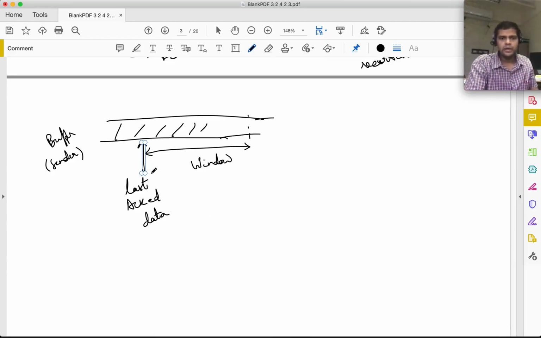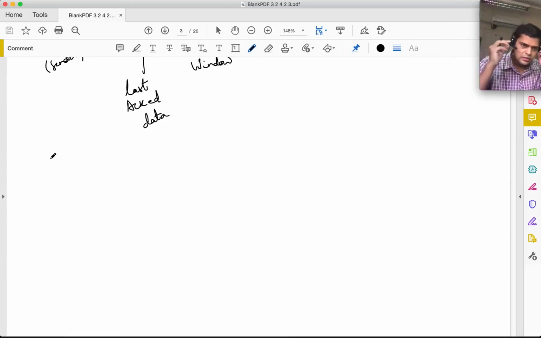And if you get duplicate acknowledgements, you can't in general push this to the right, because the duplicate acknowledgements are still giving you this particular acknowledgement. Okay. So this is the sliding window protocol which TCP uses.